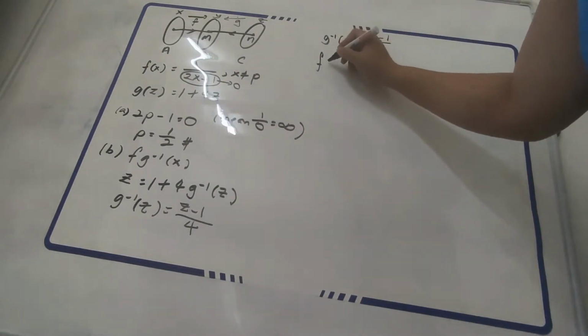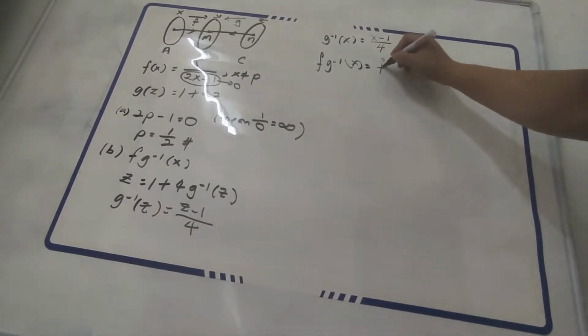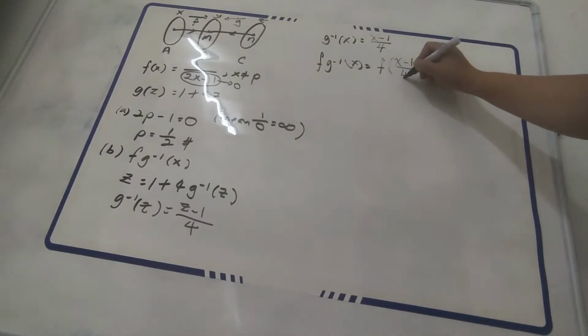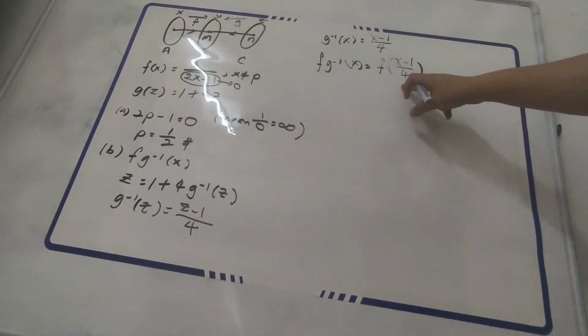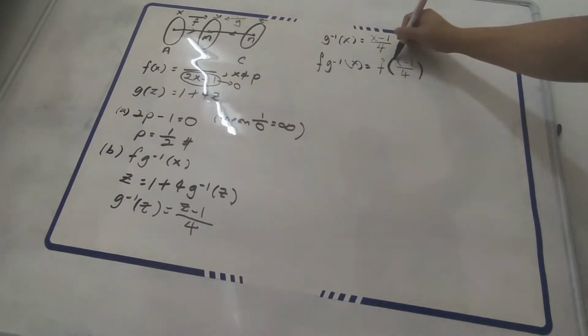f g inverse of x is equal to f of (x minus 1) divided by 4. It is the variable inside the function f.